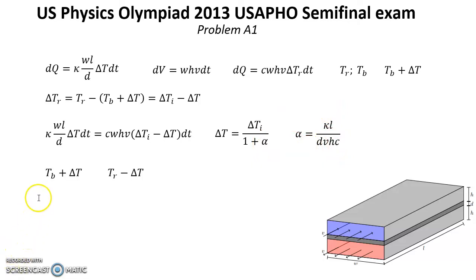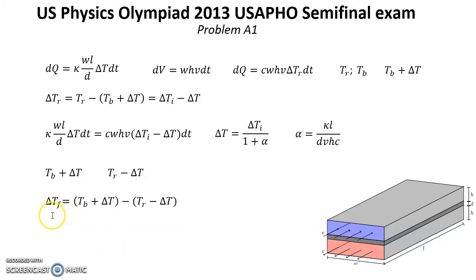And now, because the red liquid exits with the temperature TB plus delta T, and the blue liquid exits with the temperature TR minus delta T, we can count the total temperature difference for exiting liquids.